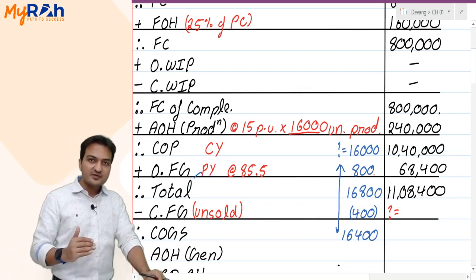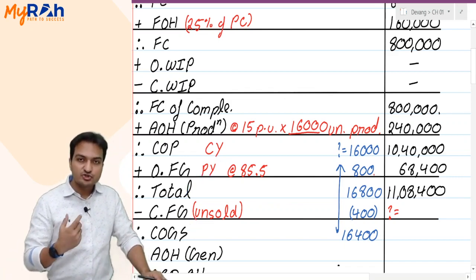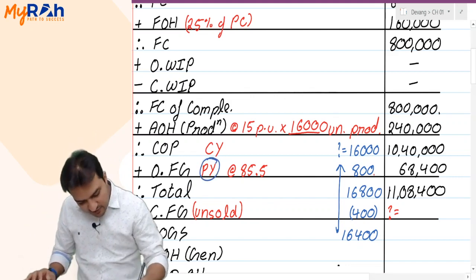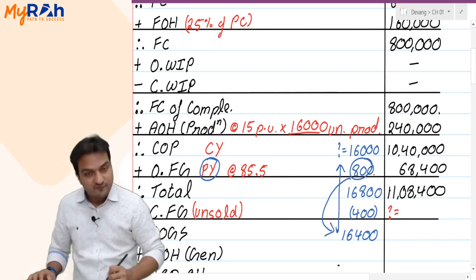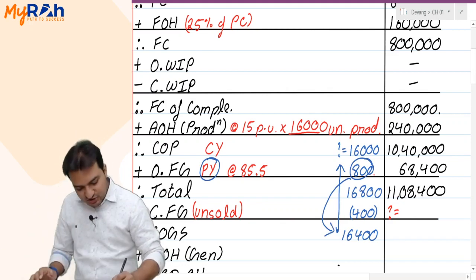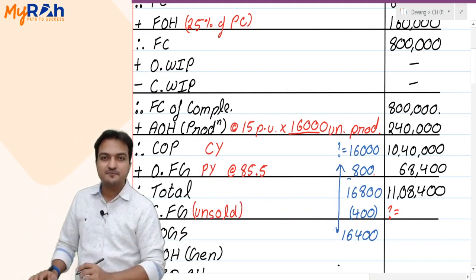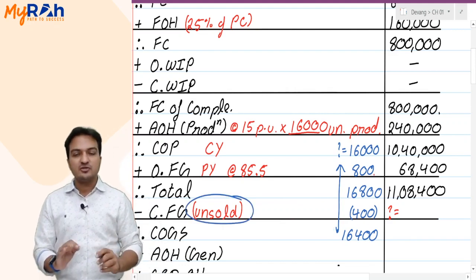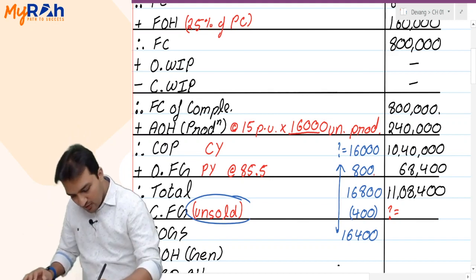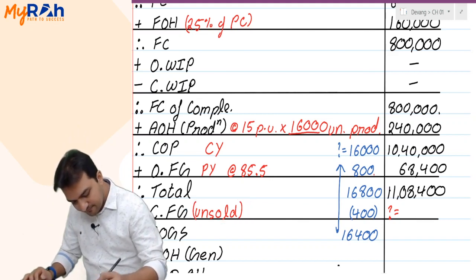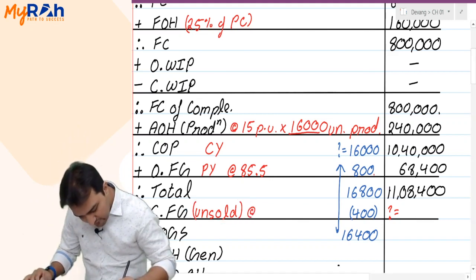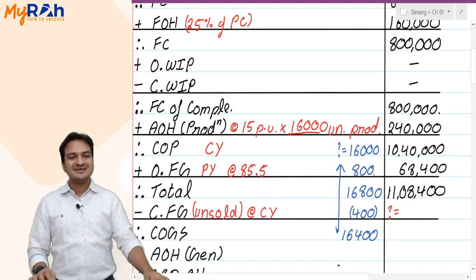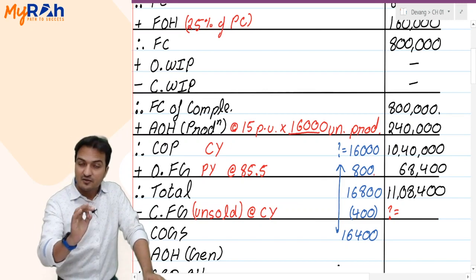Now if the previous year 800 units are already sold over here, then listen to this: where did these unsold units come from? Naturally, these unsold units therefore come from the current year. These unsold units should be valued at the rate of the current year. This is my basic logic behind the FIFO method.